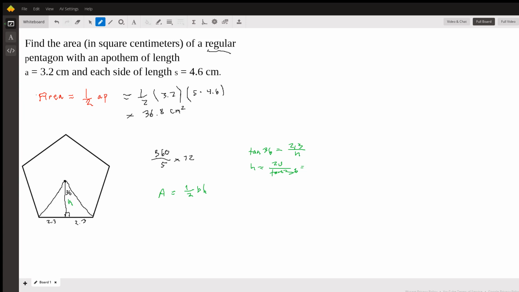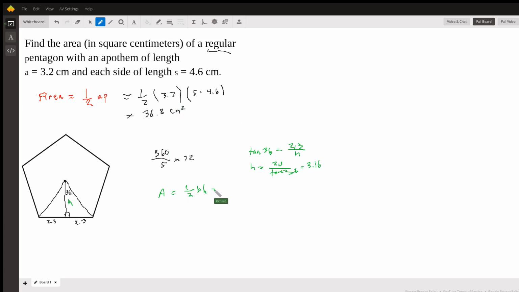I was in radian mode, so you want to fix that. So 2.3 divided by tangent 36, and that's giving me 3.16, so it's pretty much what you got in the problem here. So you can see there's another way to skin this cat.